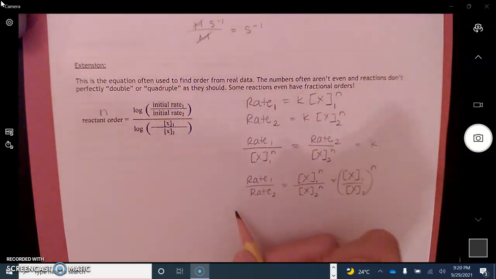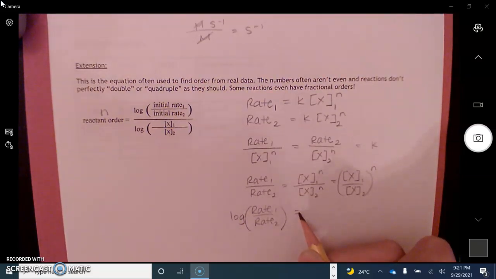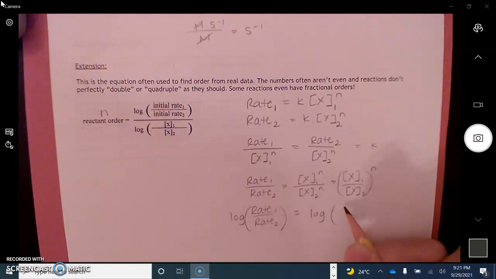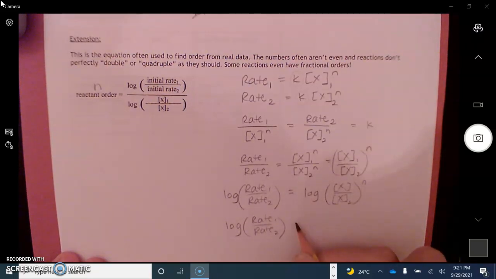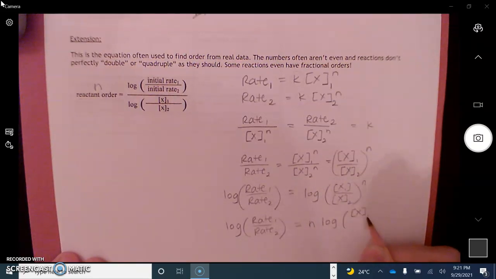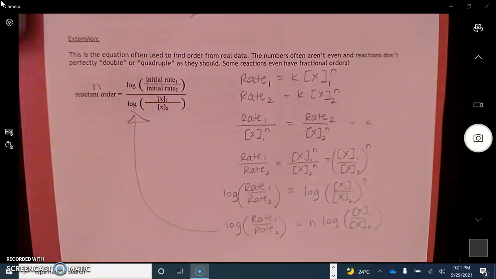So how that will look is I'd end up with the log of rate 1 over rate 2 equals the log of x1 over x2 to the n. That n can come right out front, which gives you log rate 1 over rate 2 equals n times the log of the concentration of x1 over concentration of x2. And lo and behold, you have our equation.